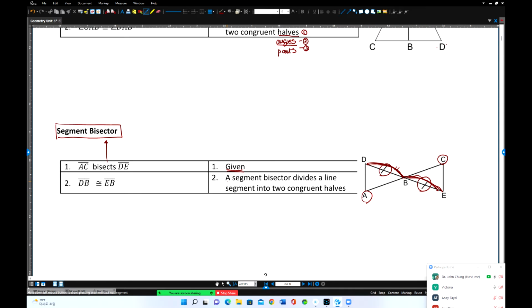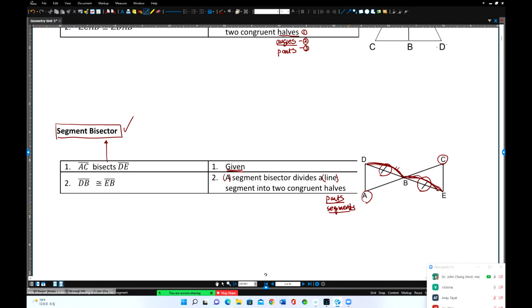There's the reason over here. This also, you can skip this one. Segment bisector, that's okay. A segment bisector divides a line segment, or a segment. It's okay, a segment is a line anyway. A segment bisector divides a segment into two congruent halves, or two congruent parts, or two congruent segments.